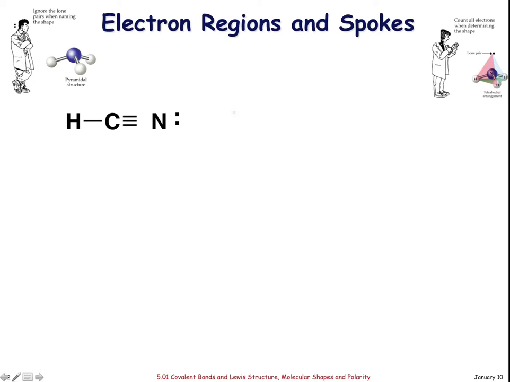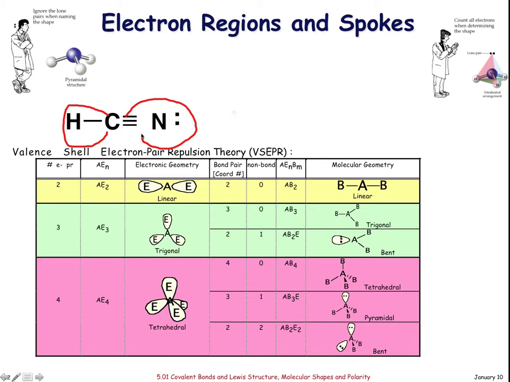Let's consider HCN, hydrogen cyanide. There's 2 regions, 1, 2. So we go to that chart, we're right here. So we can say that the electronic geometry, or the AE system, is AE2: 1 central atom right here, and 2 regions of electron density, right here and right here. That's why it's AE2.